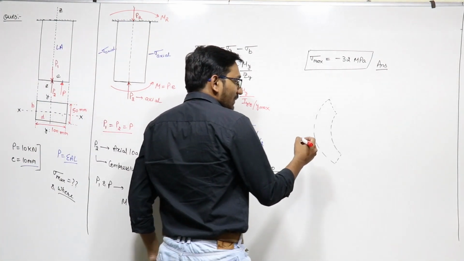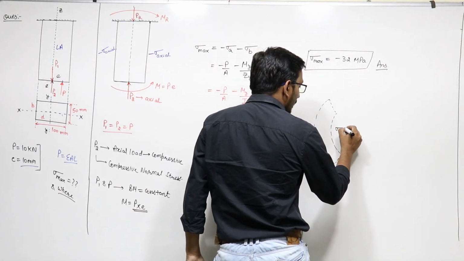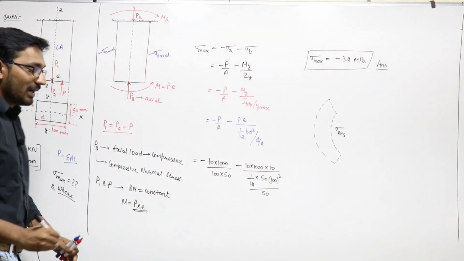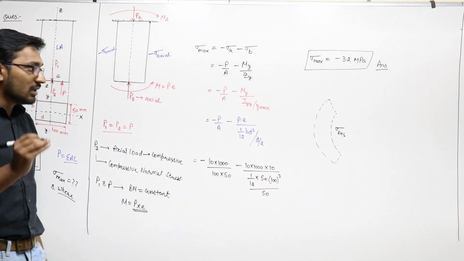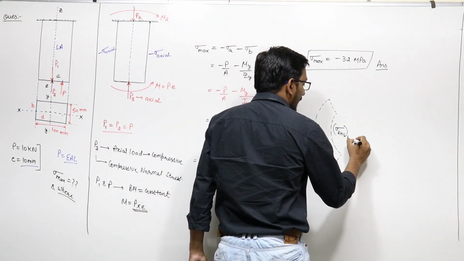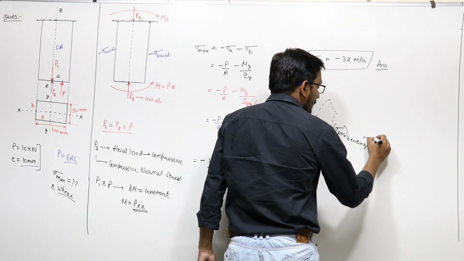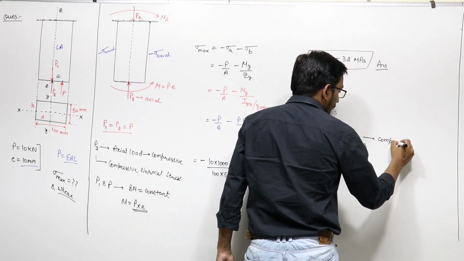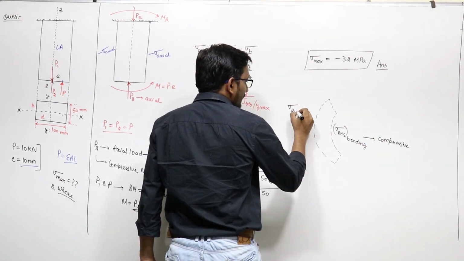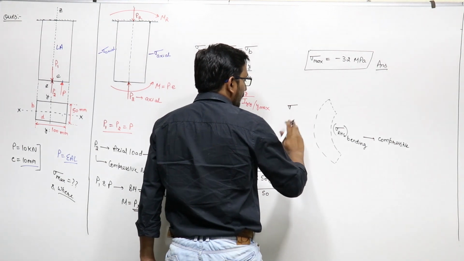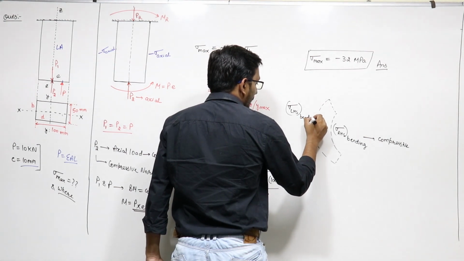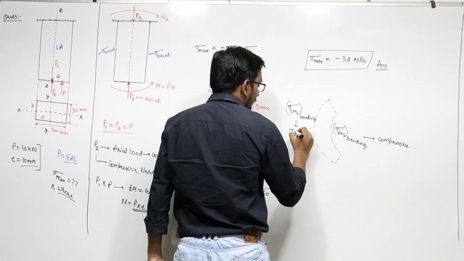So you can say that the sigma on right hand side, because this is a bending moment and bending moment gives a normal stress, as we already saw, is compressive, and the sigma on the left hand side fiber because of bending is tensile.